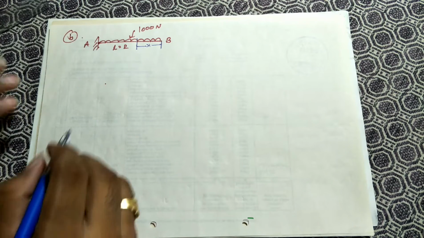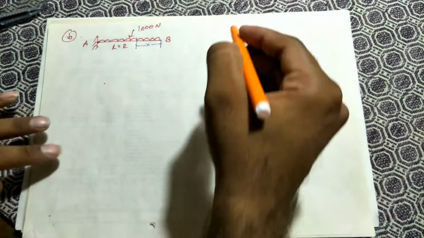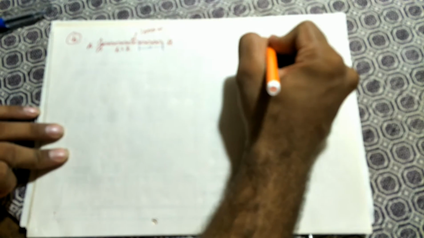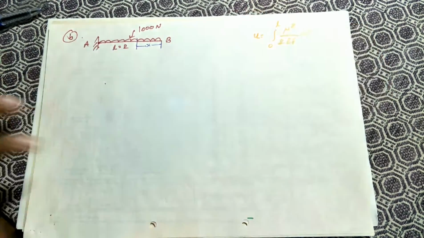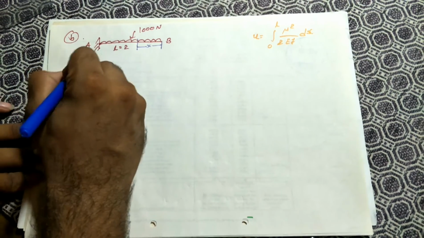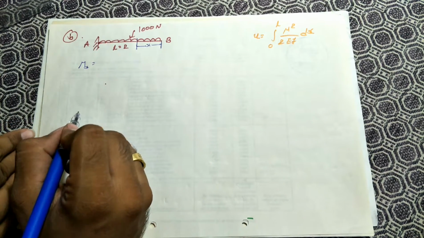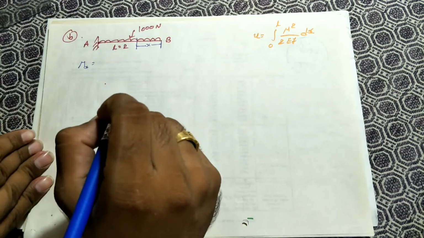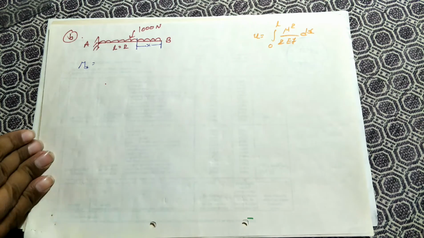So calculate moment at this point. We know already the strain energy equation for your beam, that is 0 to L M square over twice EI dx. Okay, so for this moment at x, this is a UDL, clockwise is negative. So if we convert this UDL, okay, then what will happen?